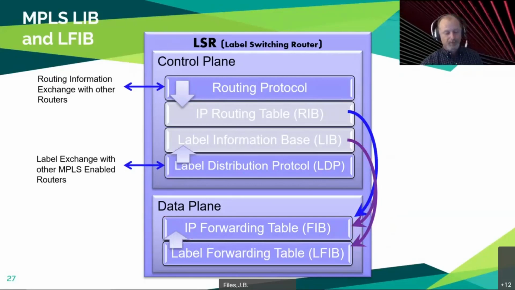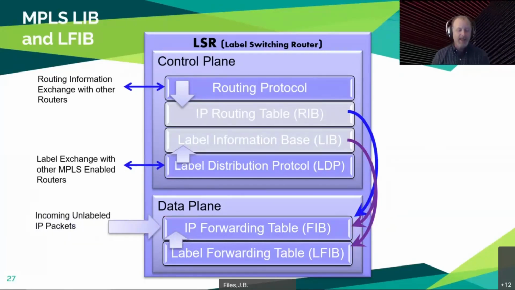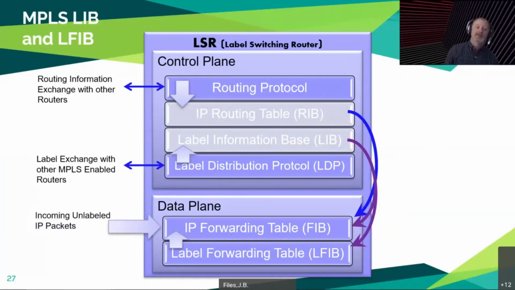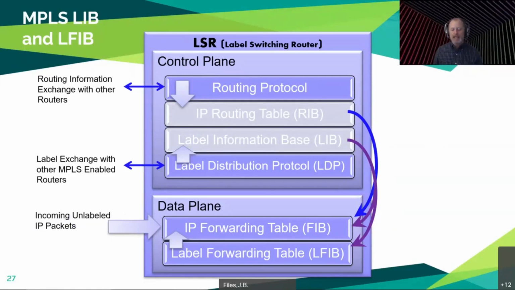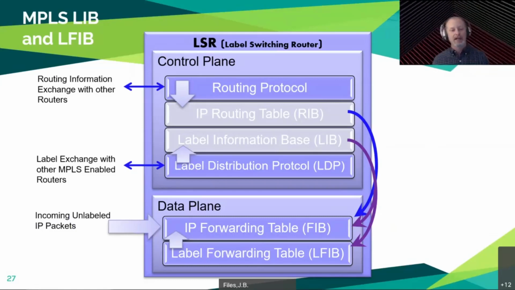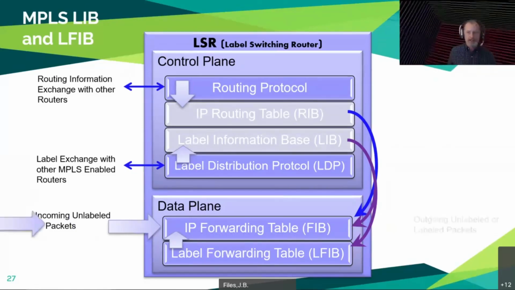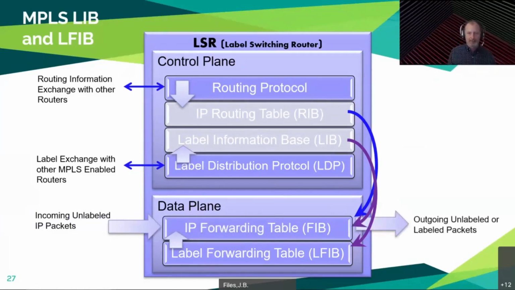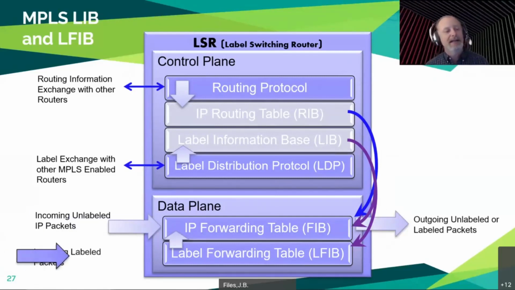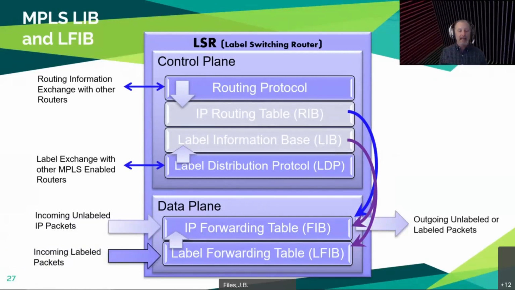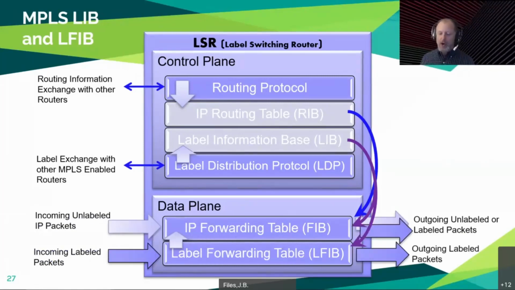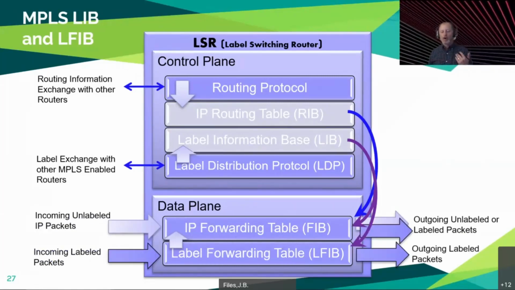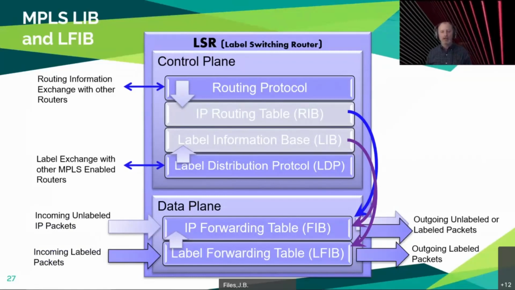So an incoming packet comes in. This one happens to be unlabeled. It's an IP packet. Well, if there are no labels, we can't use the label forwarding table. We're going to use the IP forwarding table to send it on its way. But if we have an incoming packet that is labeled, depending on the situation, that could go out labeled or it can go out unlabeled.